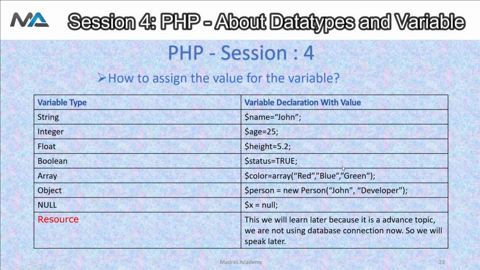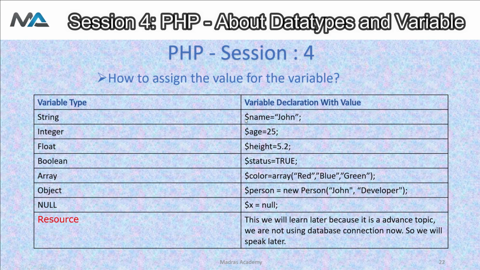Inside that, the array constructor, or method, we can say. I'm not using the new keyword here, so we will consider it as a method. Inside that parenthesis, we can write in double quotation whatever colors you are having. So red, blue, green, like that I wrote, within double quotation. This is the format. Like this way, we need to write the colors.